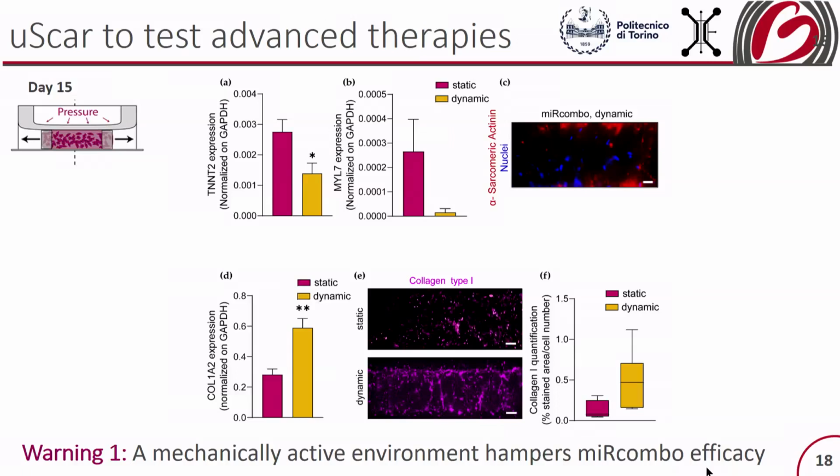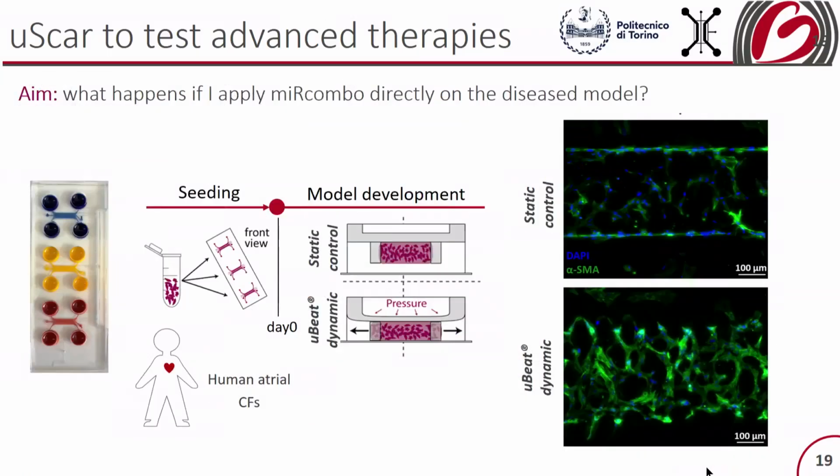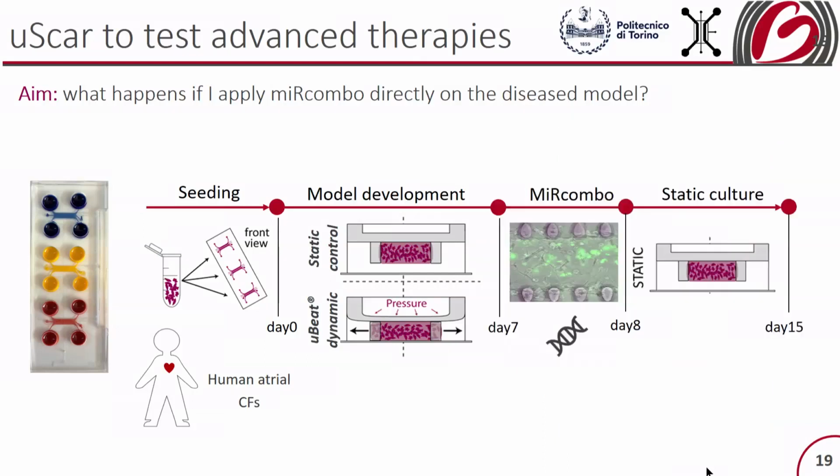And we went a step further, and we also asked ourselves what happens if we apply Mir combo directly on the cardiac fibrotic model, which is in the end the final application for this therapy, that will be applied in a pathological model of heart. And once again, what we did was to generate first the model, then in this case to apply Mir combo in the chip and check what happened.